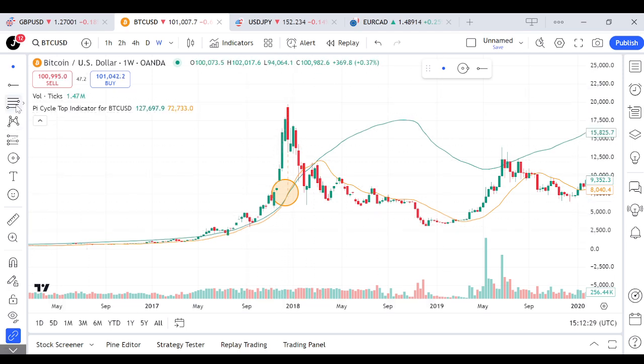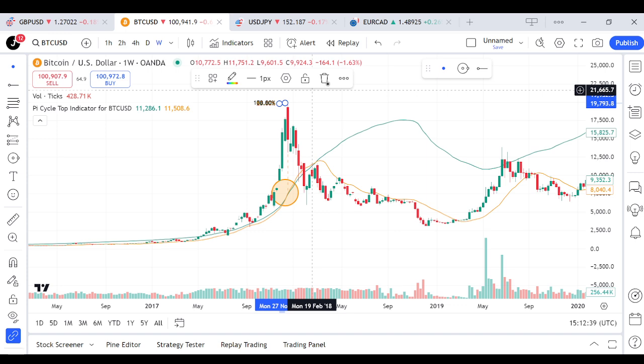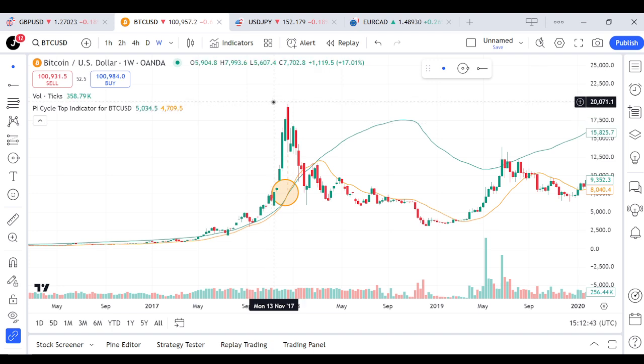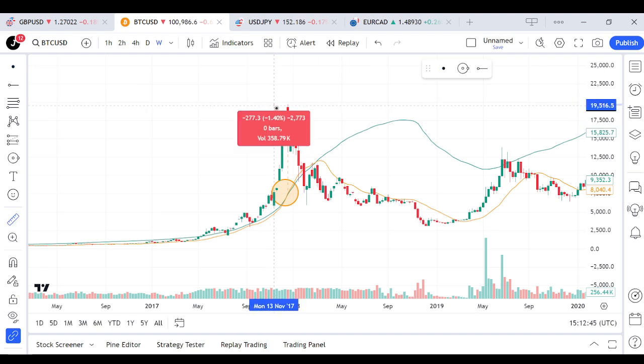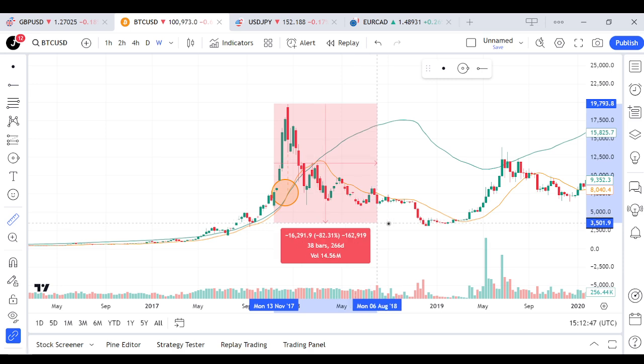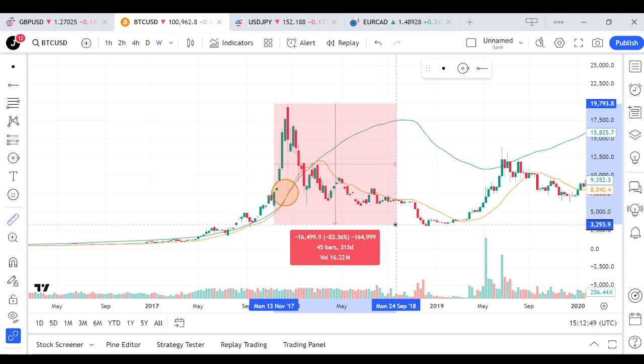When the Pi Cycle Top gives you this confirmation that we are at the top of the BTC trend, we could have corrections lasting weeks and going as high as a 50% drop from that level. You can see we had over 80% drop as we had this Pi Cycle Top indicator give us this signal.